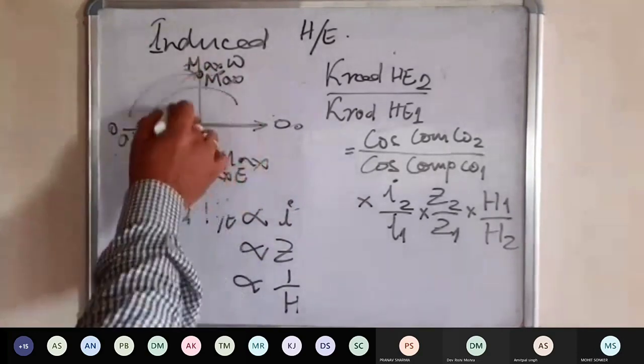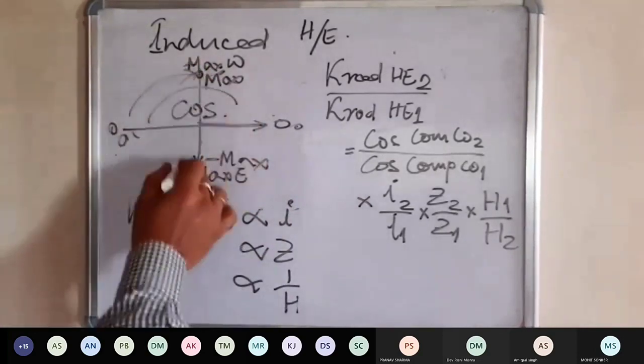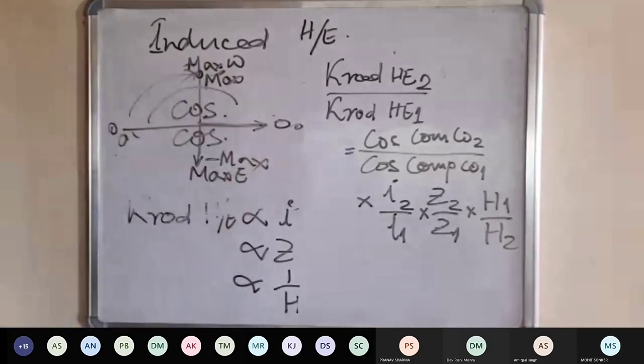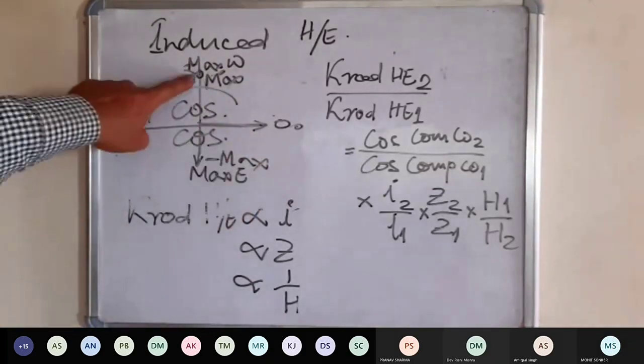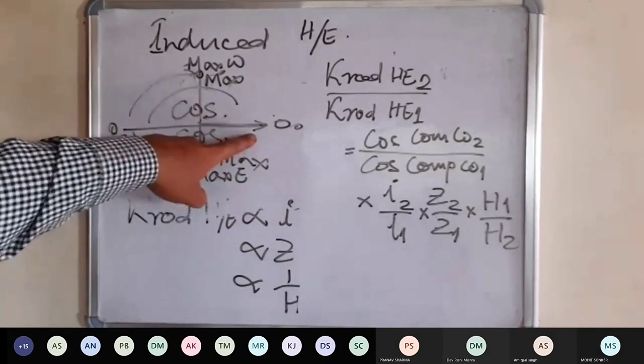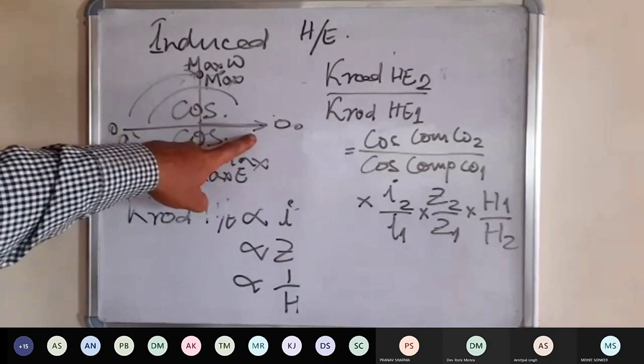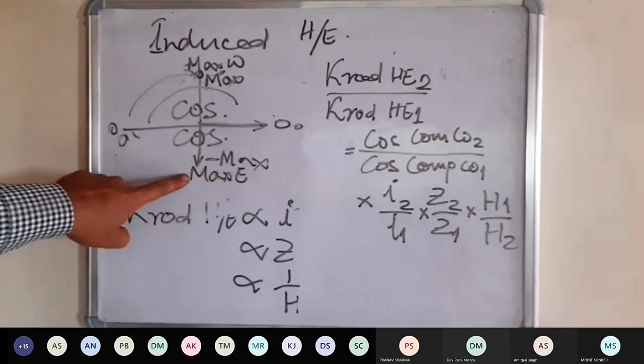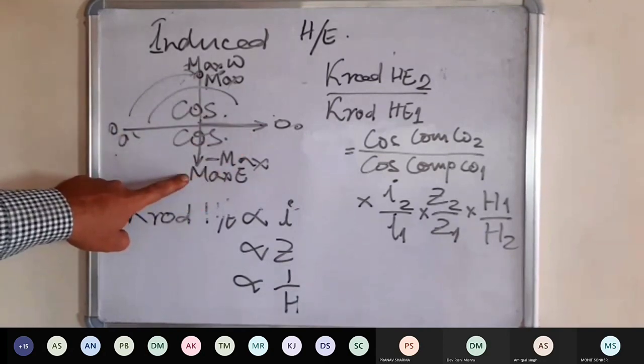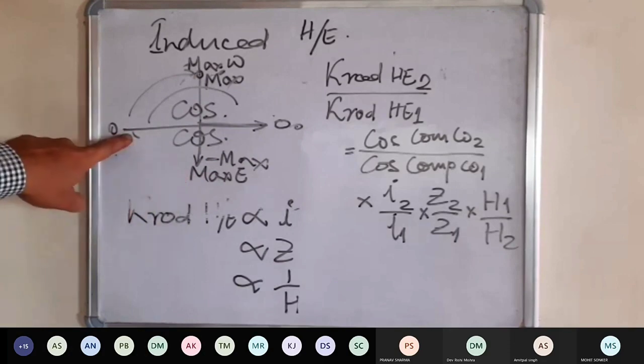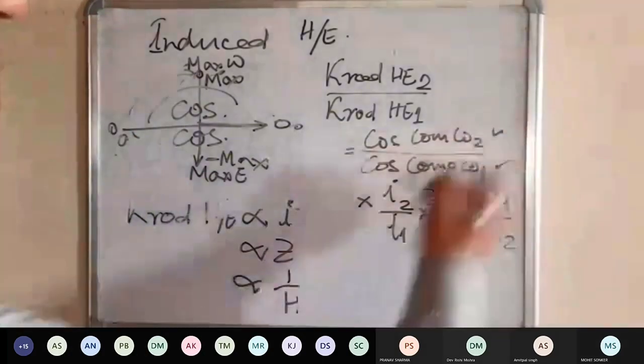So is it changing with the function of cos? Cos 0 is equal to maximum, cos 90 is equal to 0, cos 180 is equal to maximum once again, but reverse maximum, cos 270 is equal to 0. So this is changing as per that.